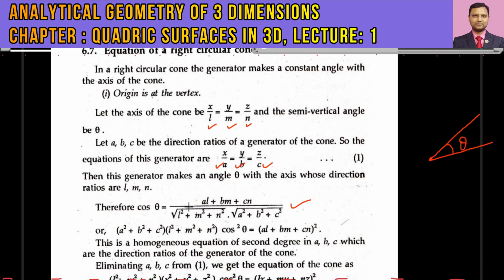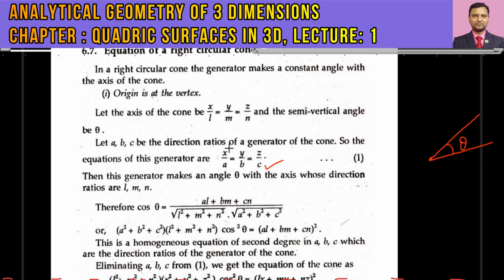So if we now eliminate these constants, which constants? The constants of the direction ratios involved in the equation of the generator. So over here we shall have to eliminate a, b, c, not l, m, n. Students make this type of mistake, so be very careful that we shall have to eliminate the direction ratios of the generator.